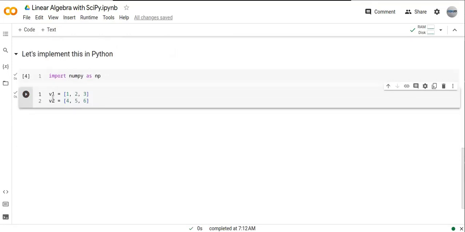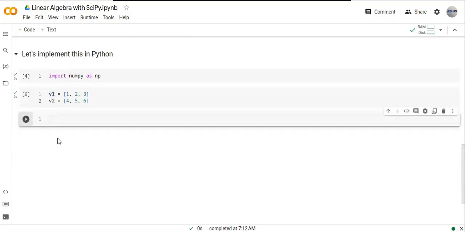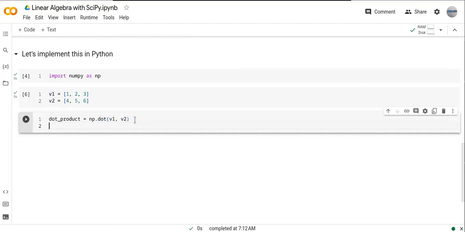Now let's find the dot product of vector 1 and vector 2. To do this, NumPy supports the dot function, and we can just use v1 and v2, and the result would be a scalar value. Let's run this.